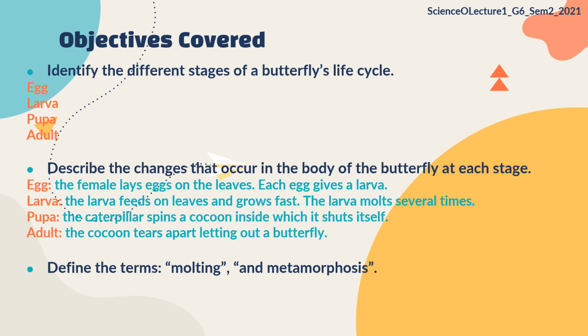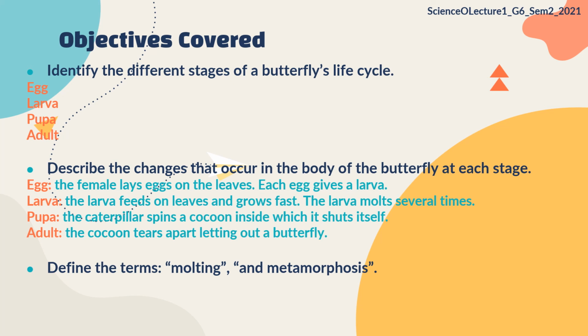The larva stage is the active stage where the larva feeds on leaves and grows fast and molts many times. Then the fully grown caterpillar makes a cocoon during the pupa stage and rests and sheds for the last time. Then, a few days later, the cocoon tears apart and it lets out an insect or an adult butterfly, a young butterfly.